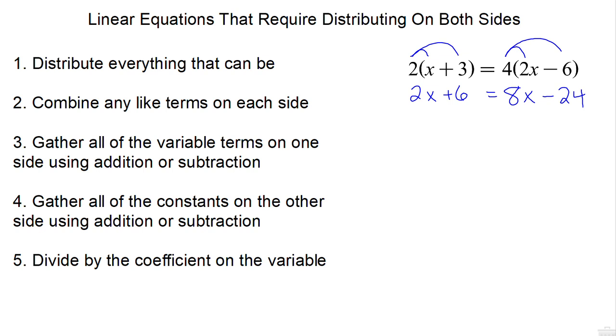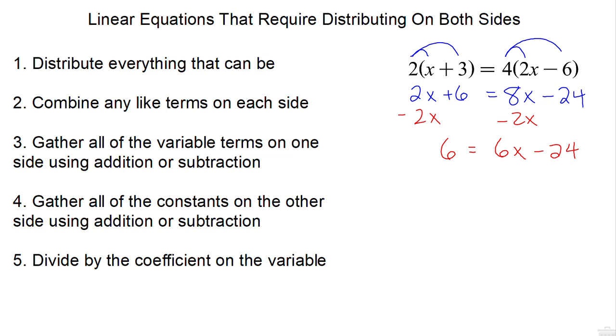And now we'll just treat this like a regular linear equation when we have variables on both sides. I have a whole video on that, but first step is to gather all the variables onto one side. So I'm going to subtract the 2x from both sides, giving me 6 equals 6x minus 24.